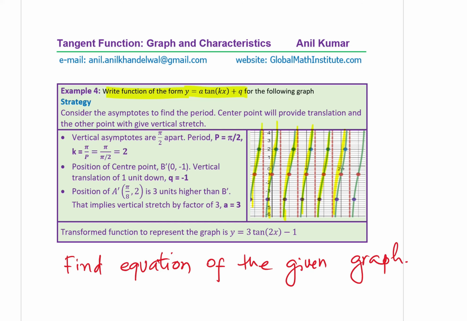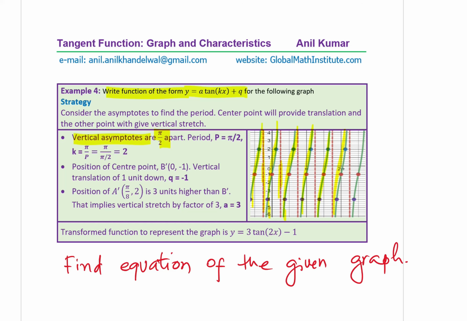Correct. So let's try to analyze the given graph. First thing which we should look into is the vertical asymptote, right? That is very clear. So when you look into the vertical asymptotes parallel to the y-axis, what do you notice? You see that the vertical asymptotes are pi by 2 apart, right?